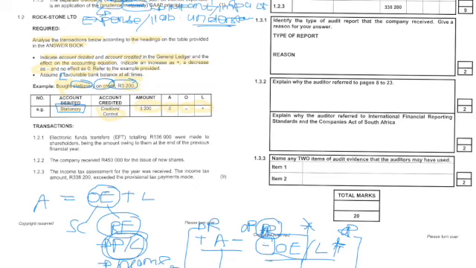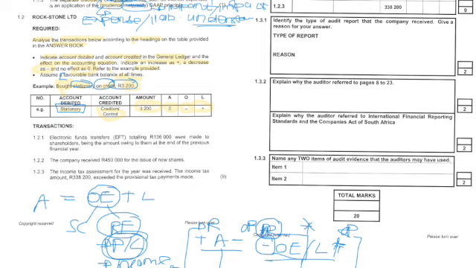If you're buying on credit, your liability will increase, which means that it's going to be a plus here, which means it's going to be on the credit side, which is why we credit the creditor's control. So we decreased the owner's equity here and we increased the liability here. Cool.